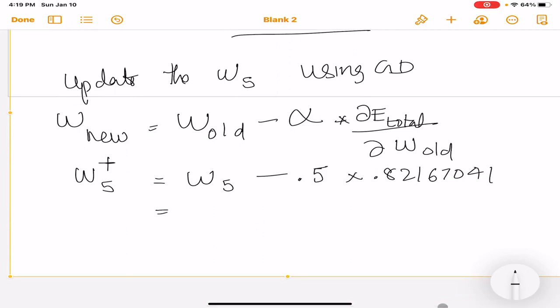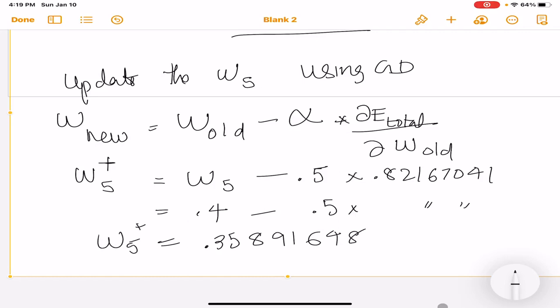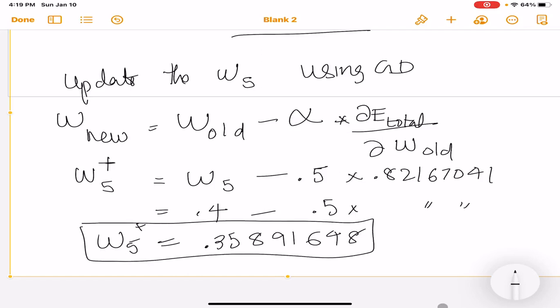So the initial value of W5 which we have assigned was 0.4 minus 0.5 into this value, and when you compute this you get 0.35891648. So that is my new value of W5.